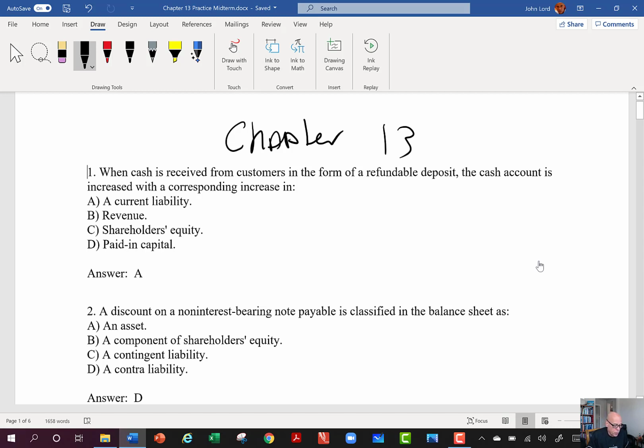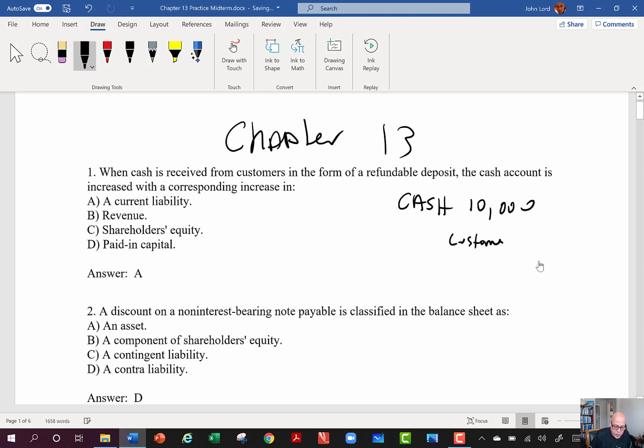This first question: when cash is received from a customer in the form of a refundable deposit, the cash account is increased with a corresponding increase. Well, say somebody gave me $10,000, and they said, hey, that's a deposit and you need to refund that deposit to me. Then we would credit a liability, customer deposit.